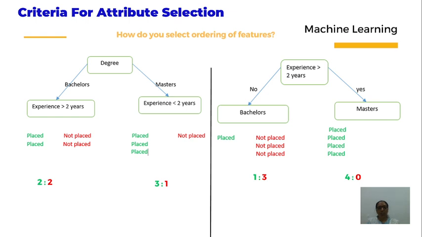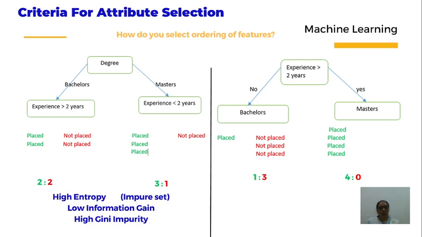If we calculate the entropy, information gain and Gini impurity of the left side decision tree, we will get high entropy, because both nodes are impure, or both splits are impure splits, and because of that we get low information gain and high impurity.